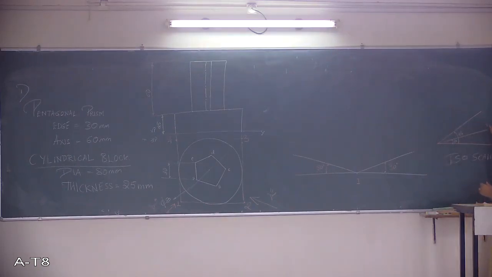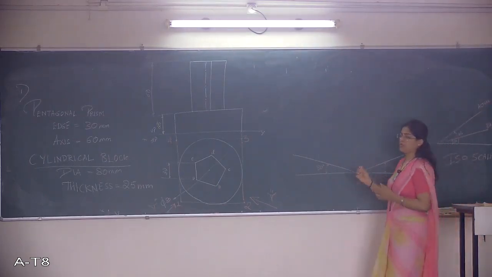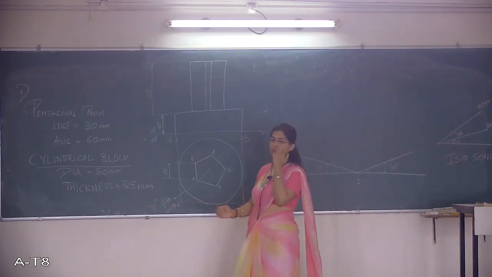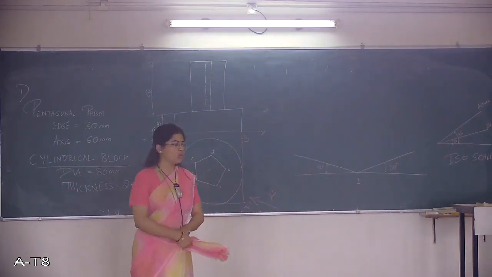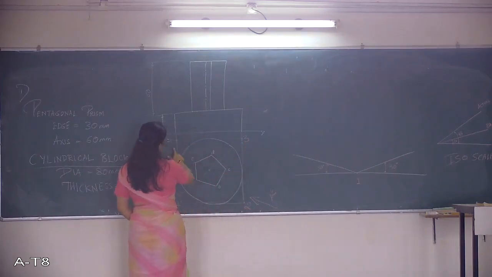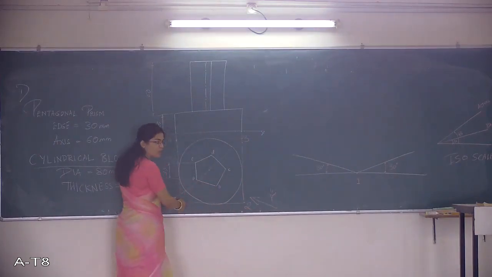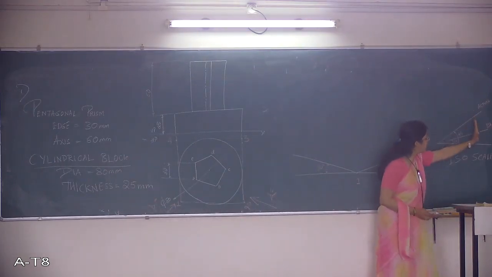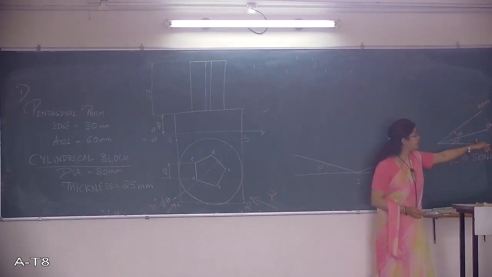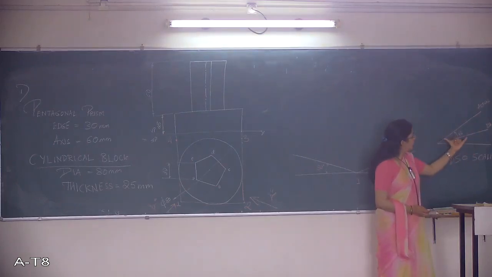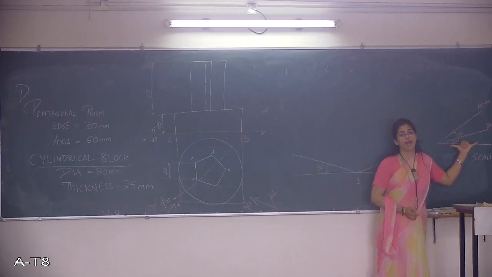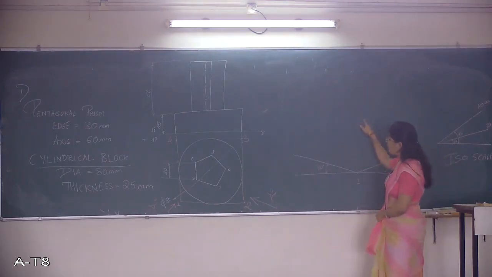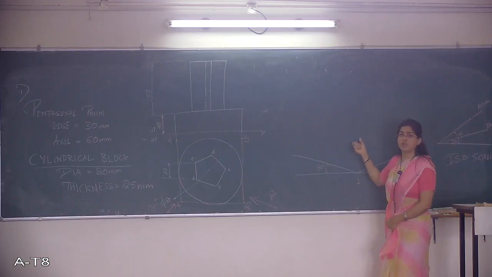This 30 degrees line represents the ISO scale and this is the actual scale. Whenever we go for isometric projections, all the dimensions have to be in ISO scale. So the actual dimensions will be marked on this actual scale, and then by taking a vertical line such that it intersects on this ISO scale, the new reading that you get will be the ISO scale reading that should be marked on the isometric projection.